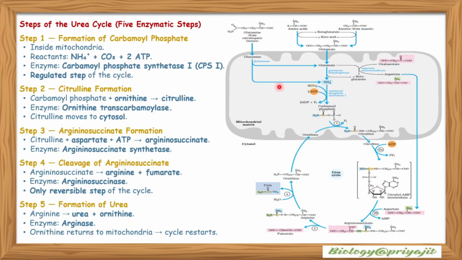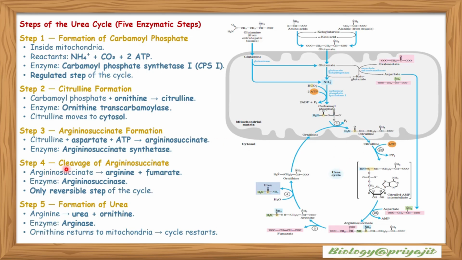Then from carbamoyl phosphate, citrulline will be formed with the help of the enzyme ornithine transcarbamylase. Carbamoyl phosphate reacts with ornithine and forms citrulline, which then moves from mitochondria into the cytosol. Argininosuccinate formation is the third step.